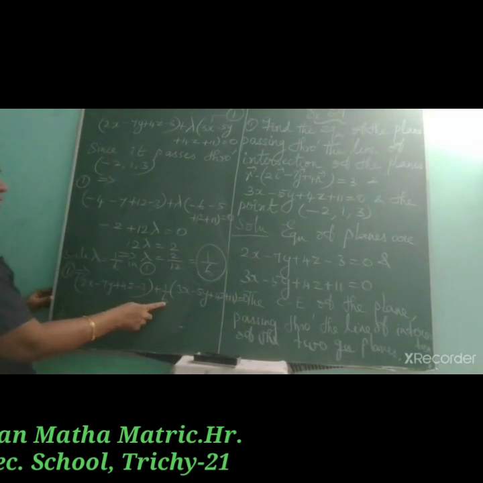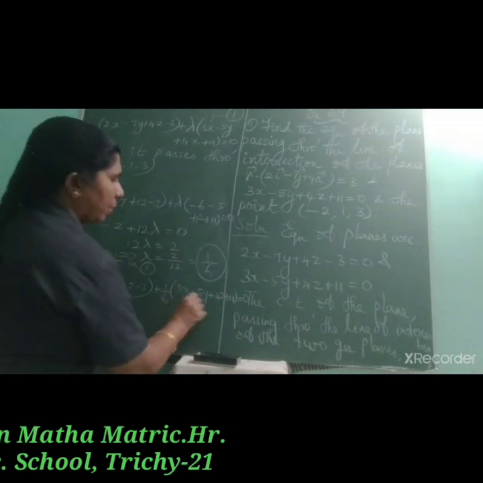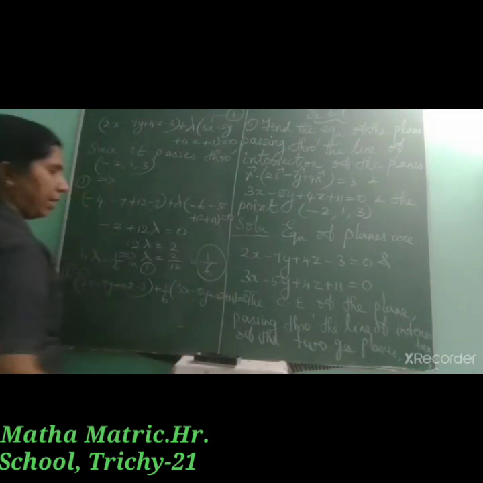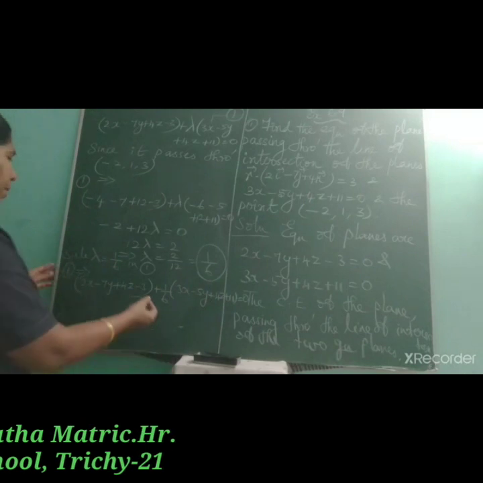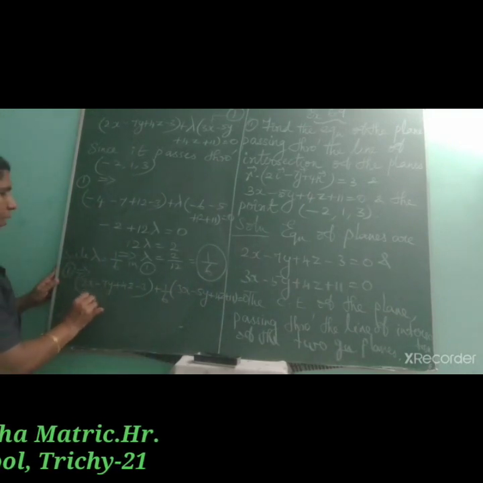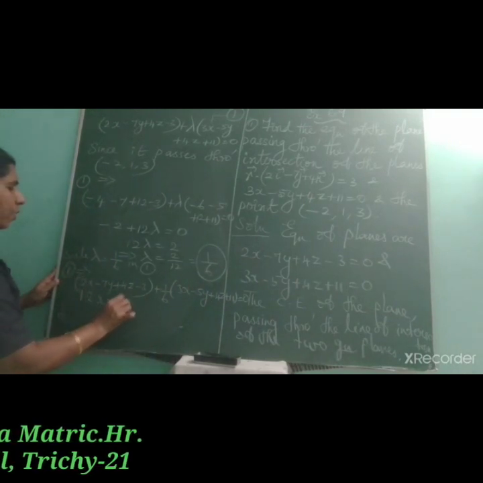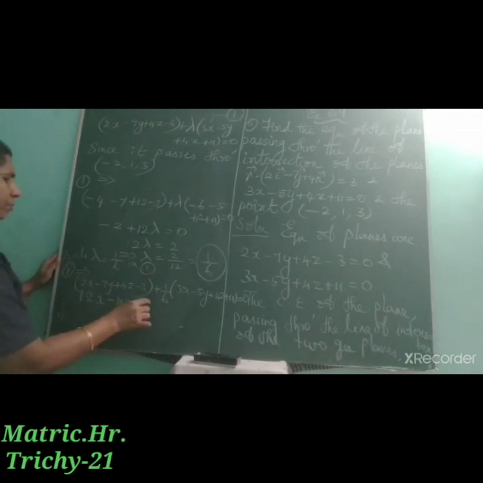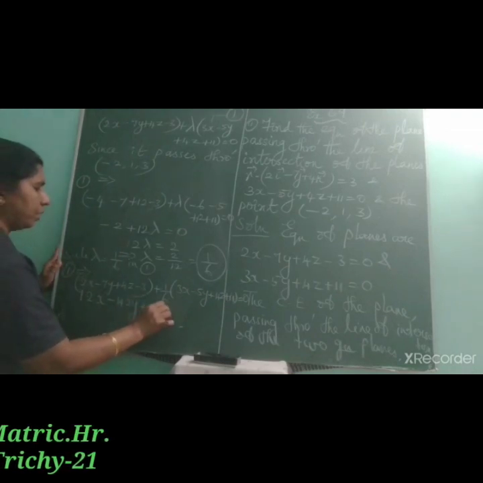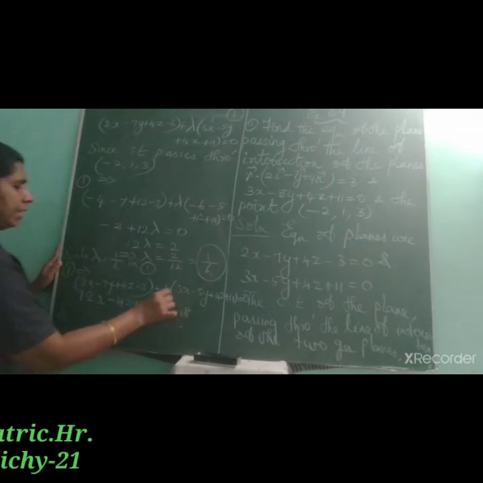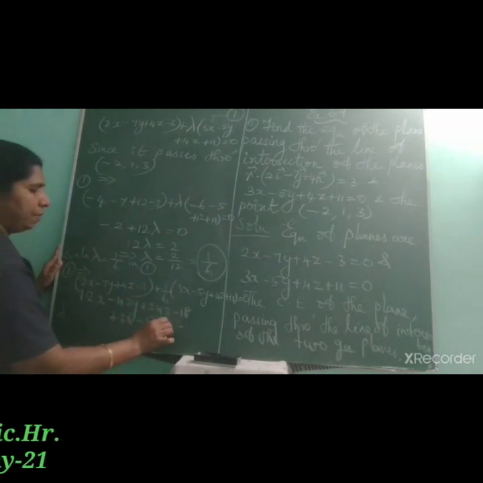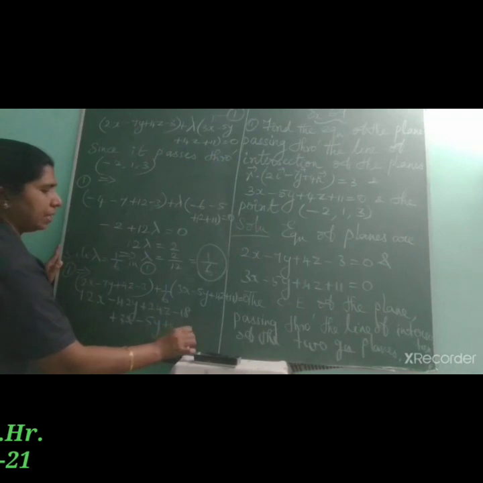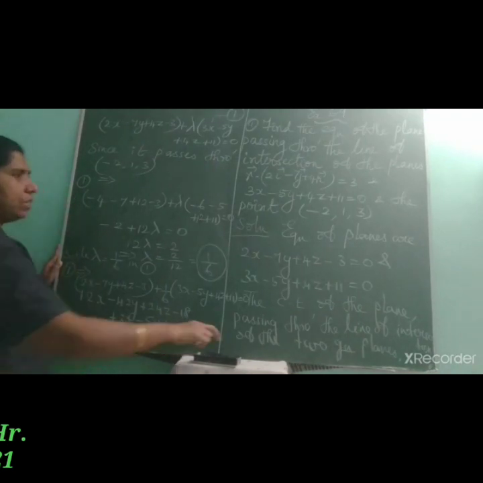Taking 6 as LCM, since 6 is common only for the second equation, this can be written as 12x minus 42y plus 24z minus 18 plus 3x minus 5y plus 4z plus 11 equal to 0.